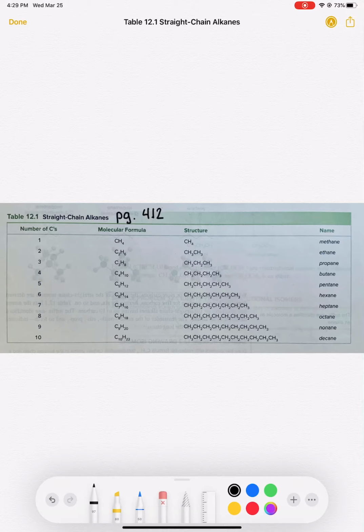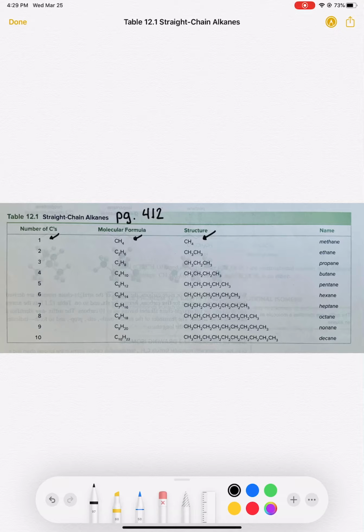And this table is handy because it organizes the alkanes in 3 different ways. 1, just with the number of carbon atoms. 2, with the molecular formula, and it's written in true molecular formula, so it's all condensed together. And then 3, it gives you the structure using condensed notation, so you can get a better idea of how they're arranged.